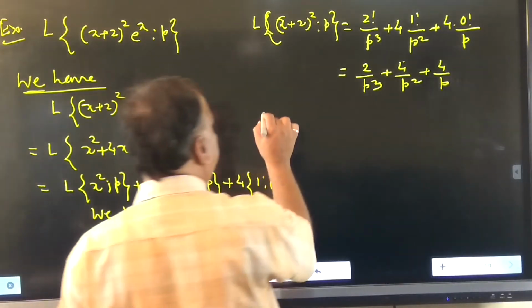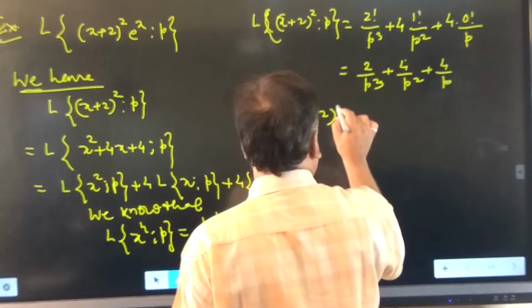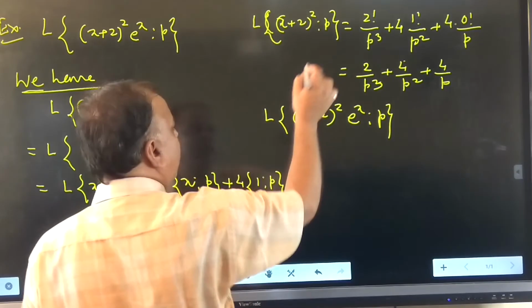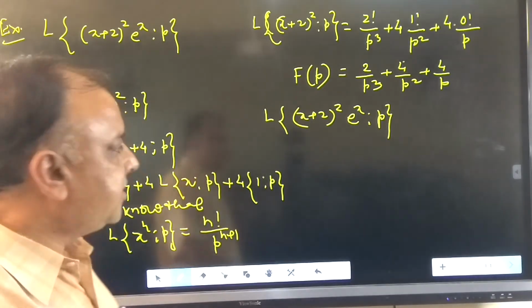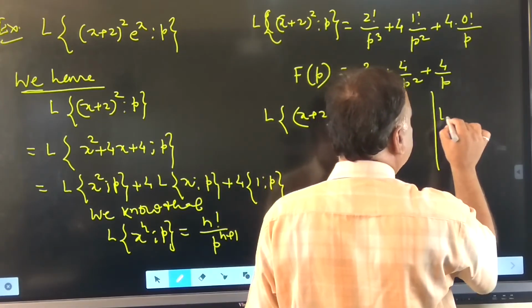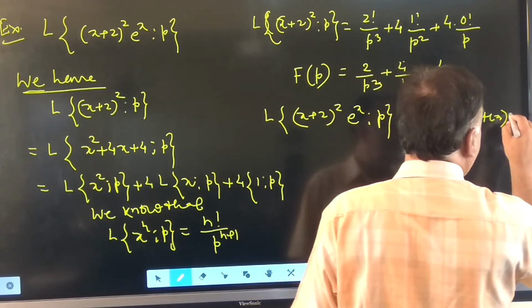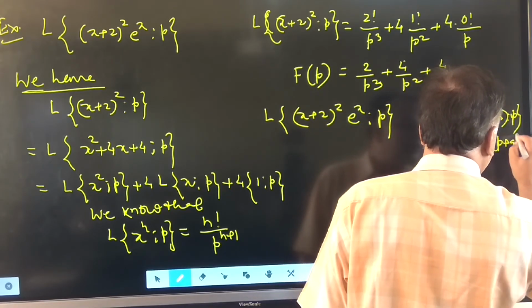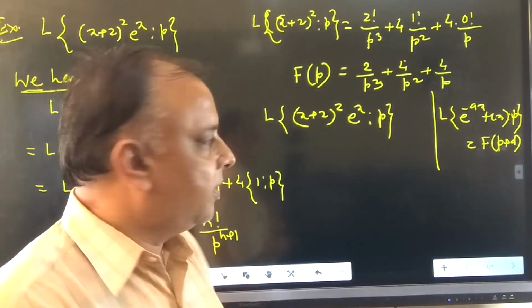Now we have to find the Laplace transformation of (x plus 2) whole square into e raised to x with respect to p. If we take this Laplace transformation as F(p), then using the first shifting property, the Laplace transformation of e raised to minus ax f(x) with respect to parameter p is equal to F(p plus a), where F(p) is the Laplace transformation of the function f(x).